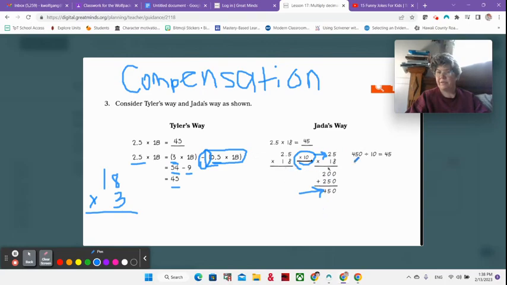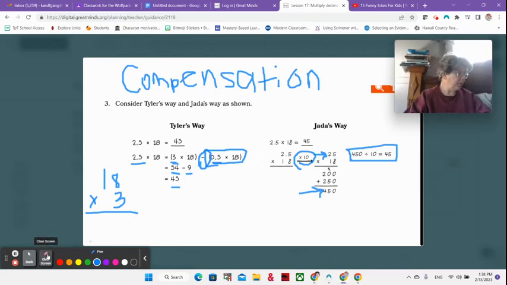Because she multiplied her 25 by 10, she has to divide her answer by 10 to get 45. So she multiplied by 10, just moved it over on the place value chart, right? And now she has to move it back over, dividing by 10, moving it the other direction to get 45. So two different kinds of compensation, one where we're adding and then subtracting, and one where we're multiplying and then dividing.